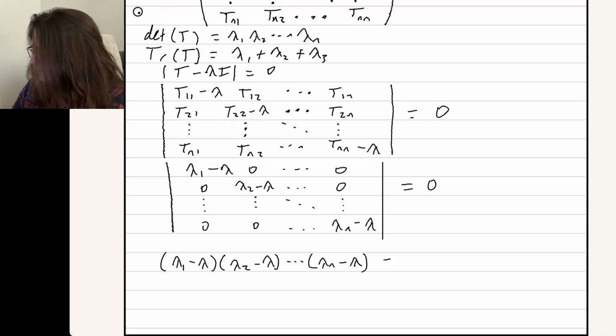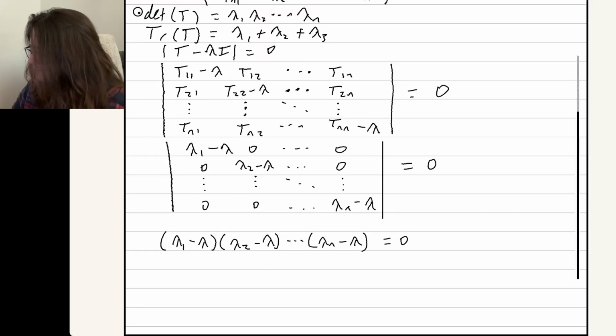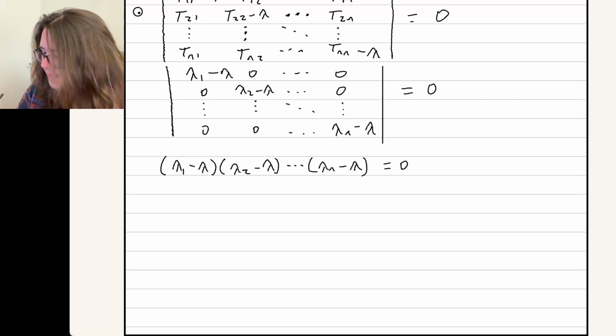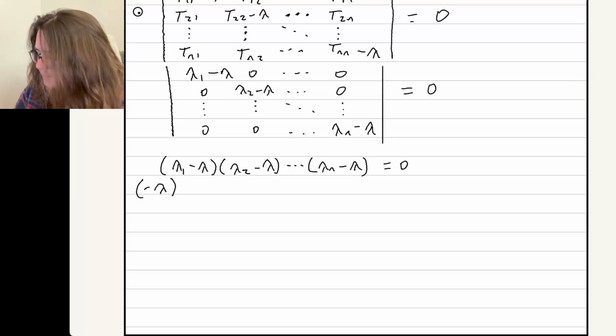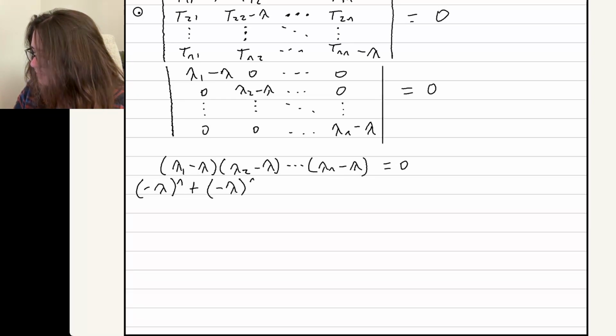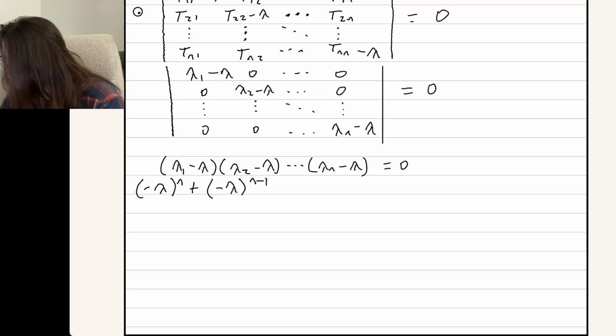And we can expand this polynomial, because we're going to have minus lambda to the n, right? Plus we have all of the lambda to the n minus 1 terms. So you take lambda to the n minus 1, and you're left with just lambda 1 plus lambda 2 plus lambda 3 after you factor that out.